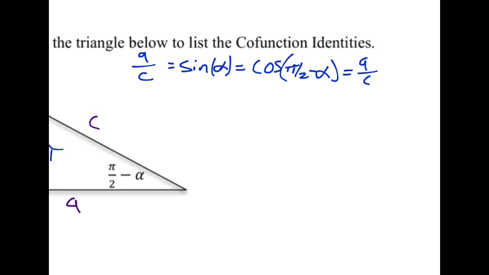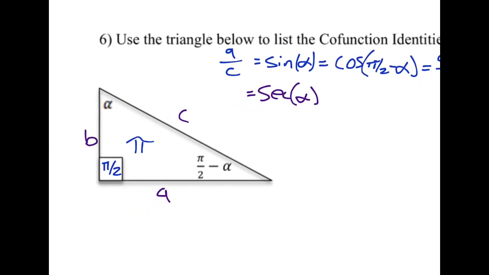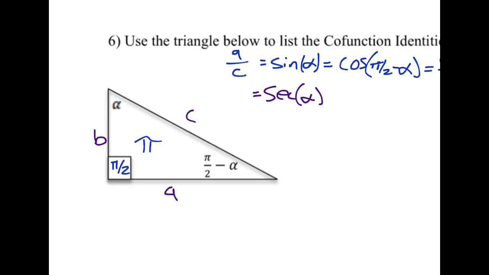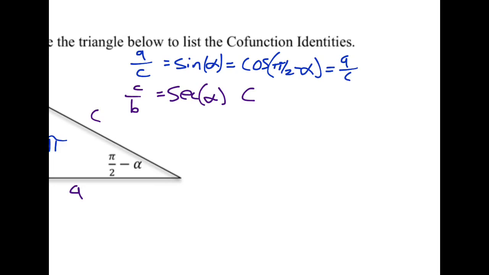Let's see if some more relationships like that exist. Yeah, there are. How about secant? Let's say secant of alpha. Secant is the reciprocal of cosine. Cosine is adjacent over hypotenuse, so secant is hypotenuse over adjacent. So secant of alpha is going to equal the hypotenuse, C, over the adjacent side from alpha, that's B. So secant of alpha is C over B. Well, what about cosecant of the other angle, pi over 2 minus alpha?